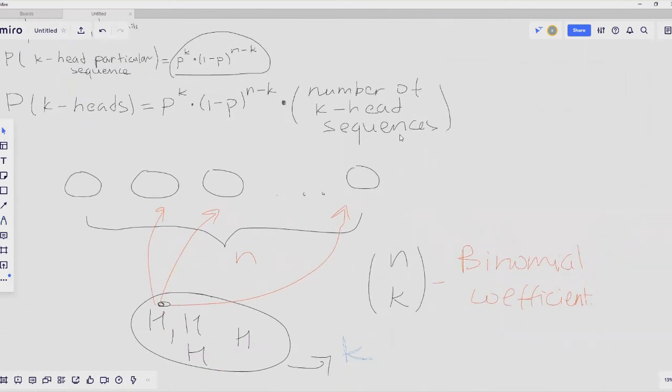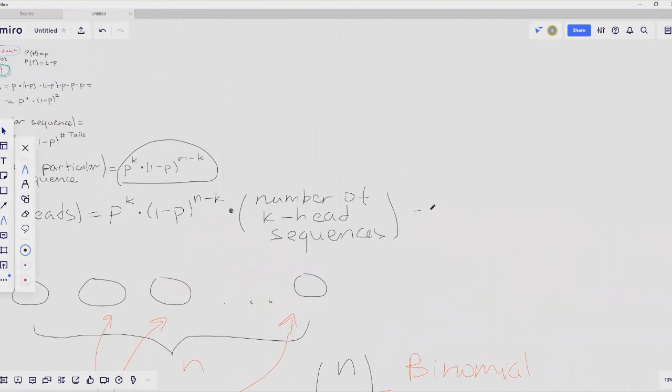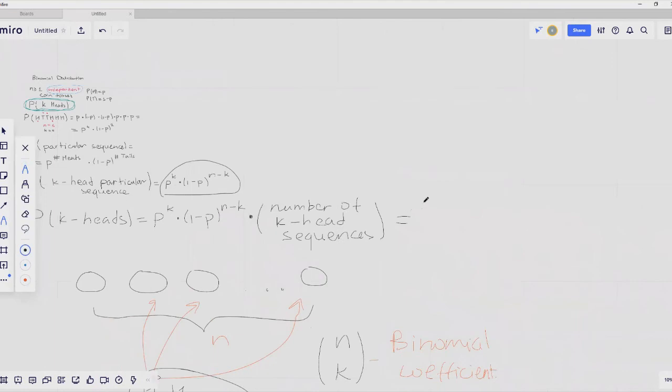So the number of k-headed sequences is equal to n choose k, which brings us to the following formula: n choose k multiplied by p to the power of k, 1 minus p to the power of n minus k.